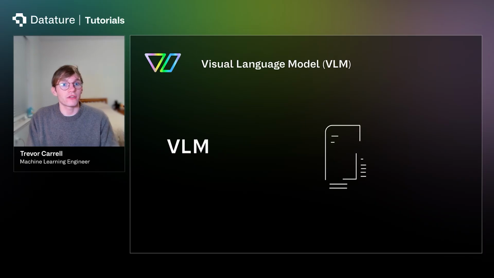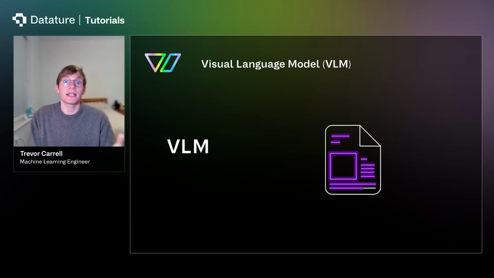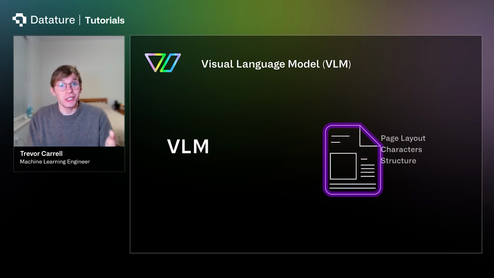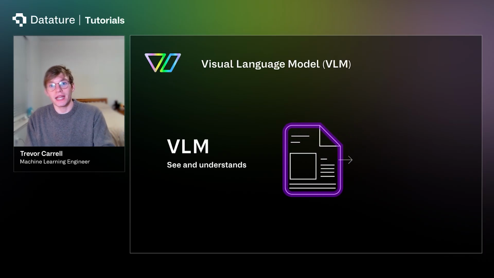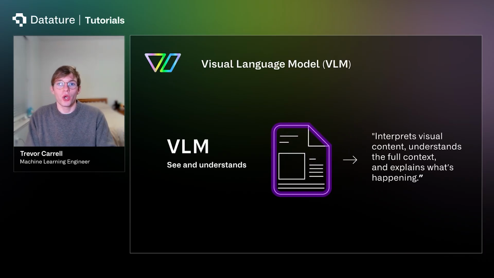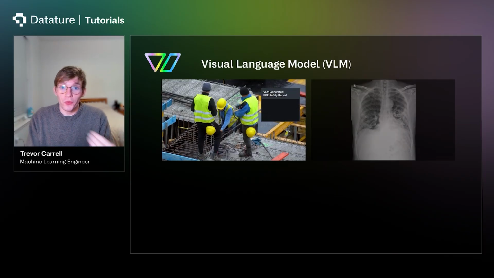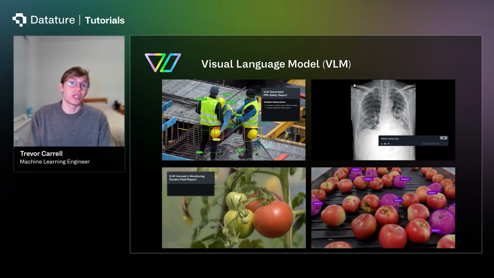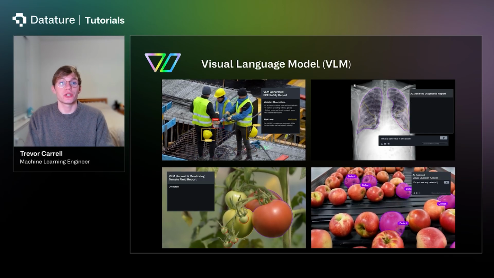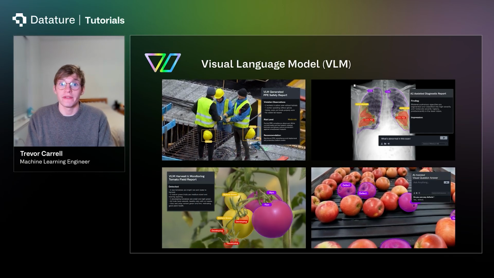A VLM, however, can visually analyze the document itself, identifying page layouts, characters, structure, and then use the language understanding to interpret the content, whether it's an academic paper or an insurance claim. Ultimately, incorporating visual information is essential to pushing foundational models to the next frontier of innovation.